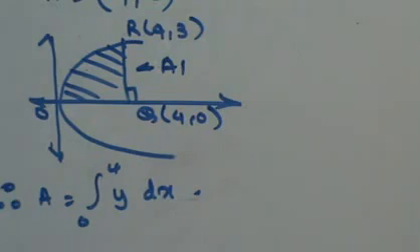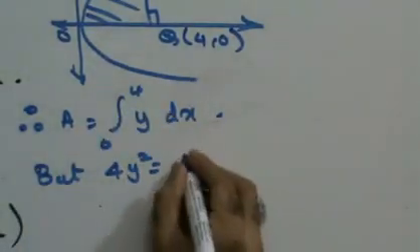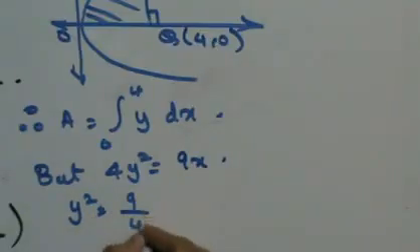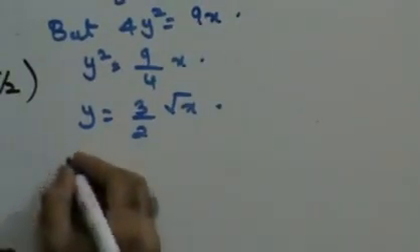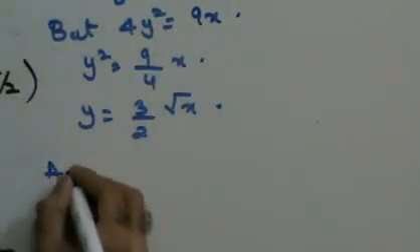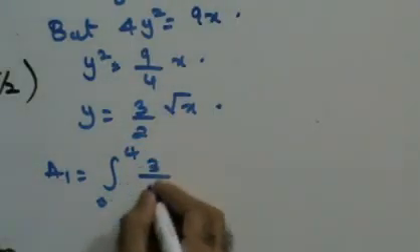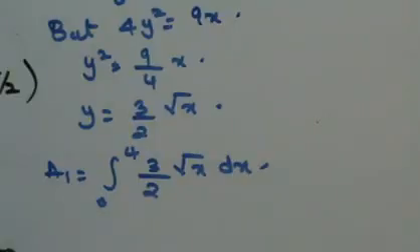Now the equation of this parabola was 4y square is equal to 9x. Therefore y square is 9 by 4x, y is equal to 3 by 2 root x. Substitute the value, so A1 is the integral from 0 to 4 of 3 by 2 root x dx.